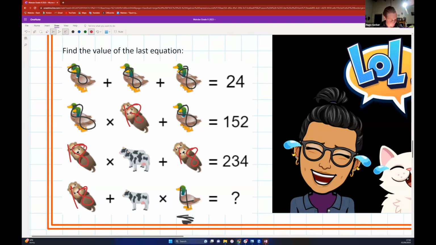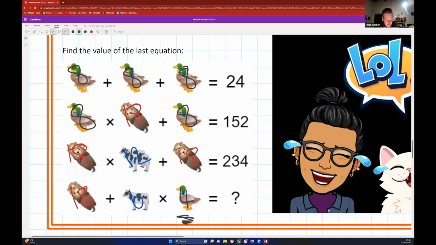It's going to be 12. Now, at the bottom, we only have 1 cow. That's going to be half of 12.